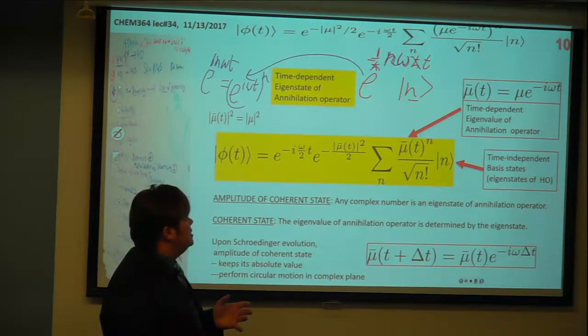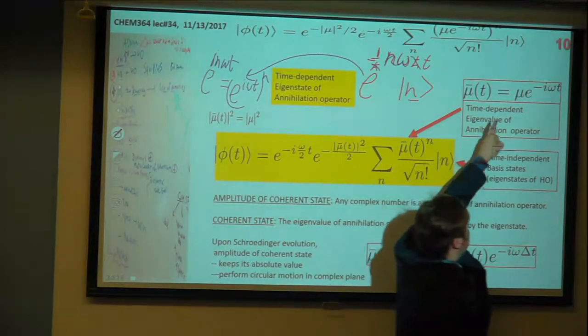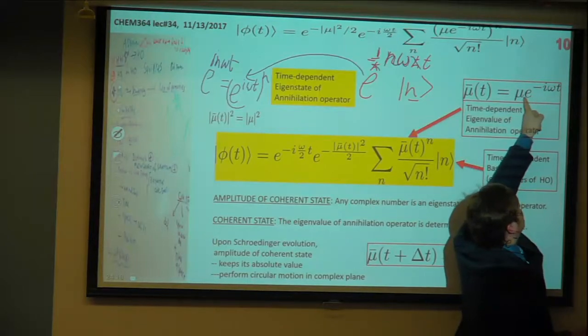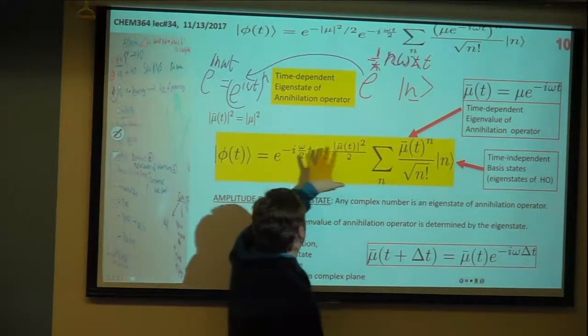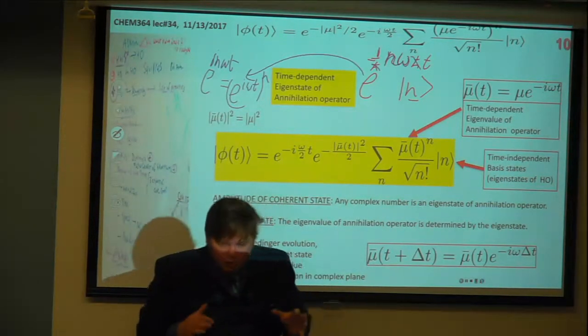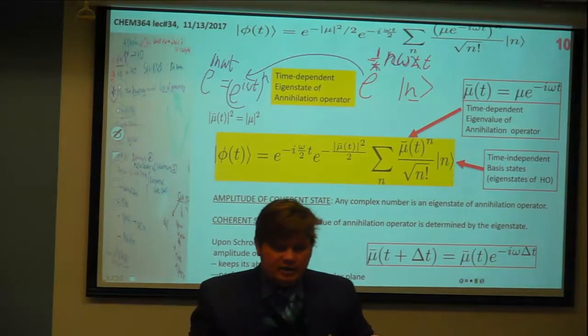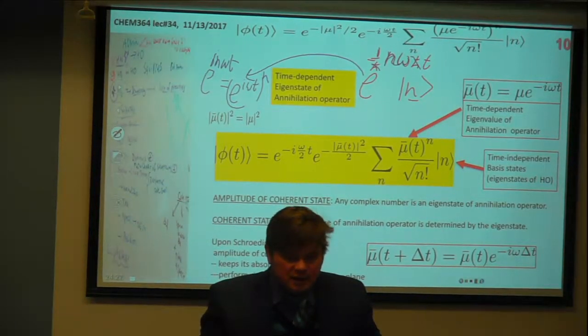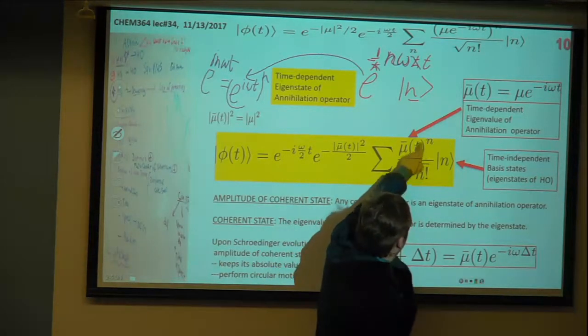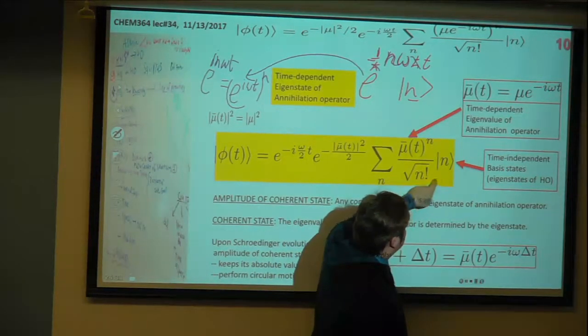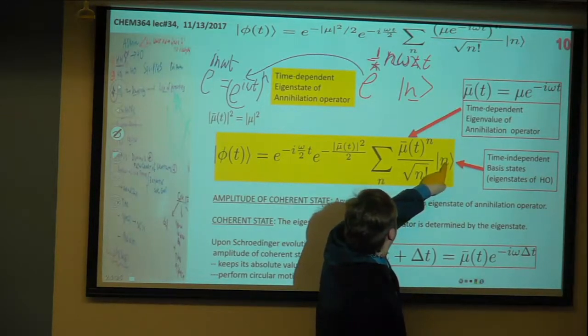So if we do this trick, we can tell that the functional form of the state will always be the same as the eigenstate of the annihilation operator. So something to the power n divided by n factorial multiplied by eigenstate.